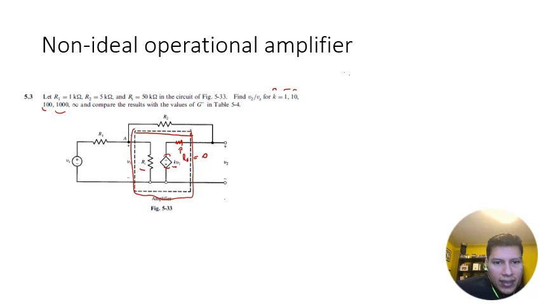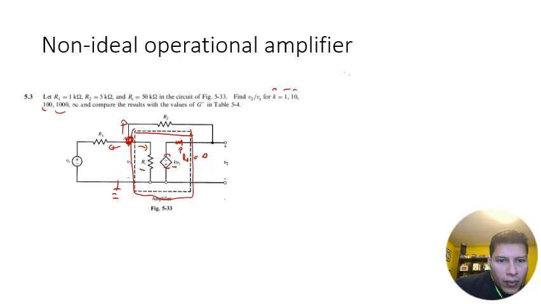So how do we analyze it? Well, now when we apply KCL, we're going to have a current this way, a current this way, and a current this way. And the value for those currents would be, we're going to have that this is grounded.